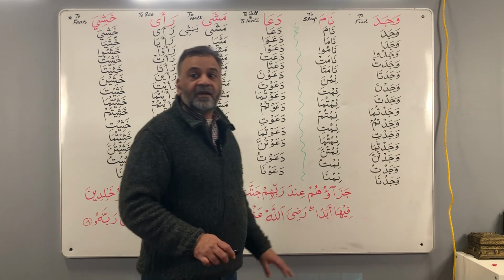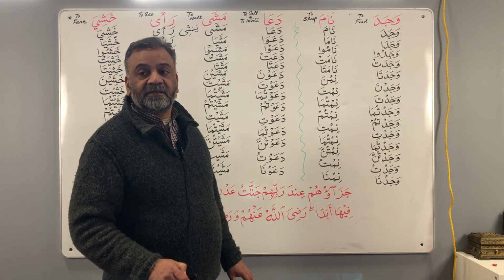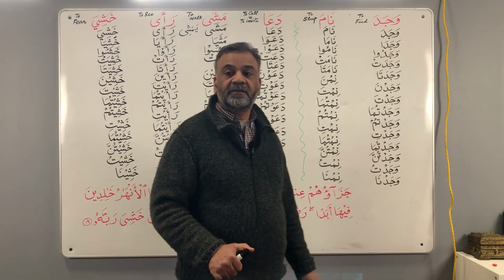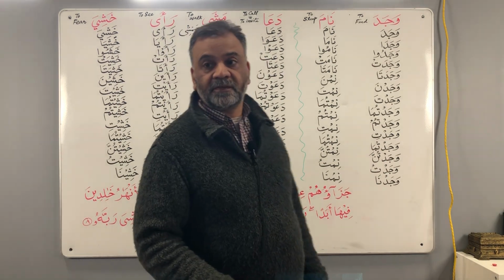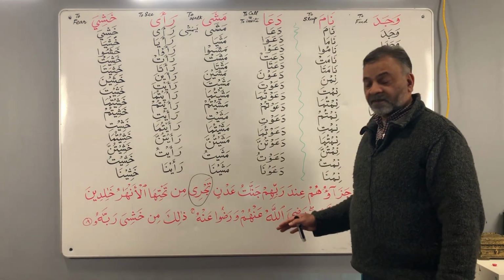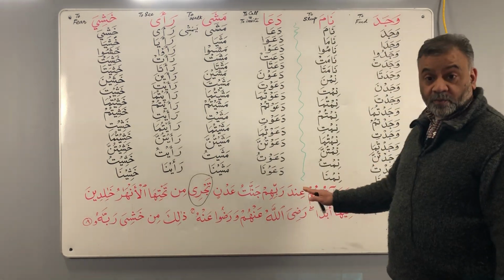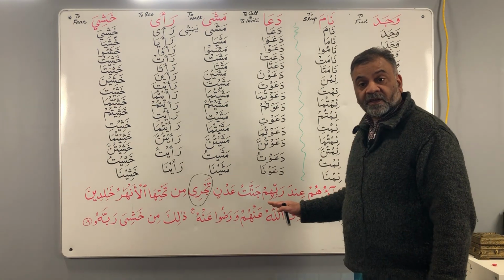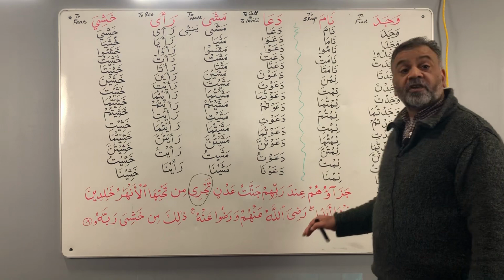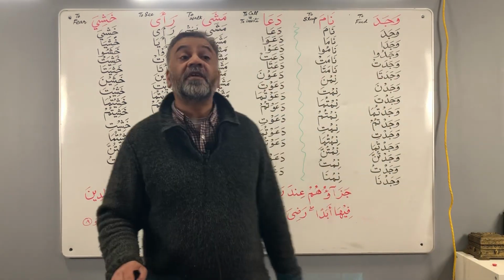So look at the meaning of it. It sounds as if the meaning is more like it sits, but it is running. Jaza'uhum, right? Where is the fa'il in jaza'uhum?